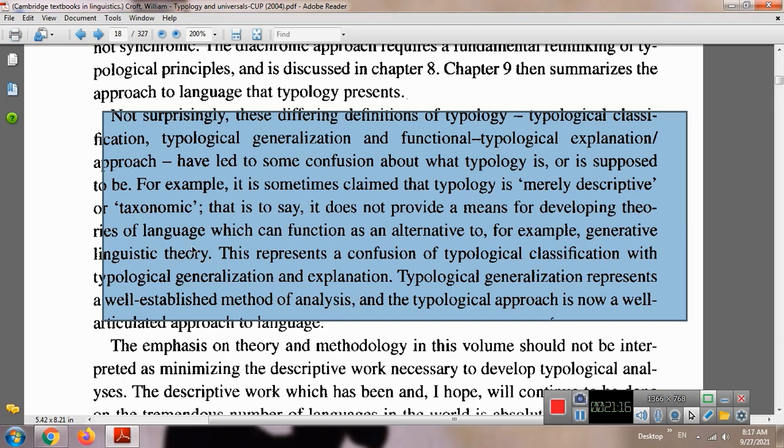Here we have a summarization of these three definitions. It is sometimes claimed that typology is merely descriptive or taxonomic.